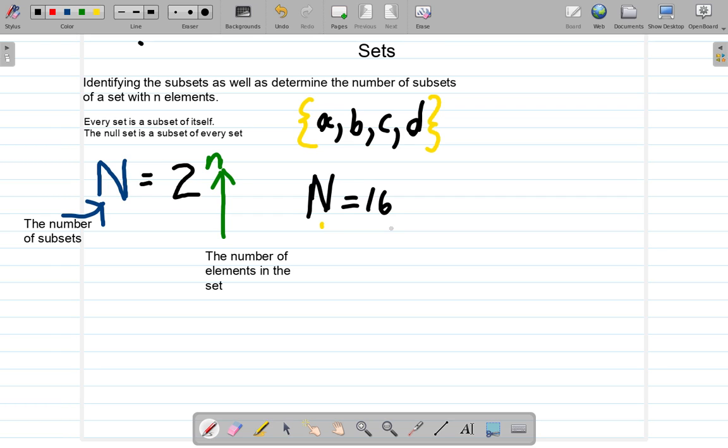Alright. Now, what are those subsets? Let's go ahead. We have, first of all, the null set. Nice. Let's list all the subsets with one element in them. One element in each.